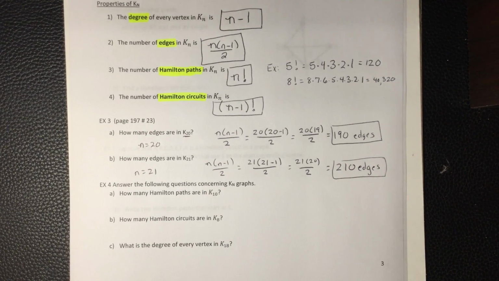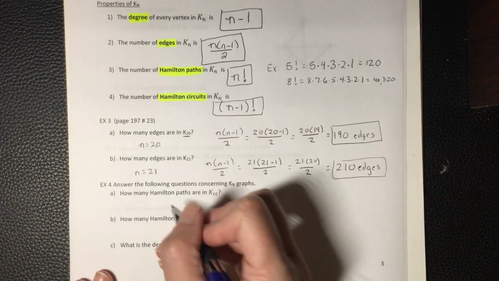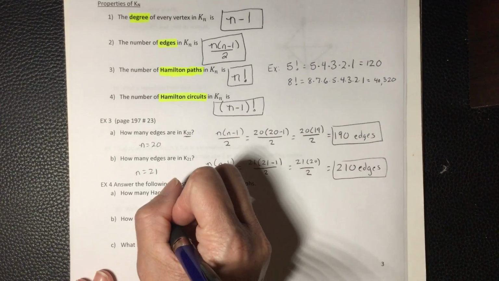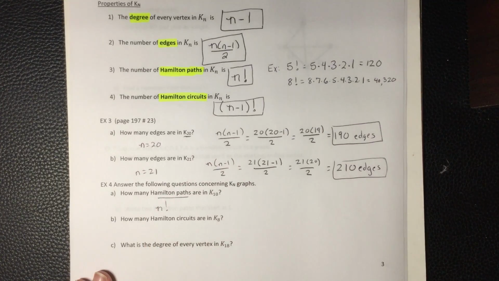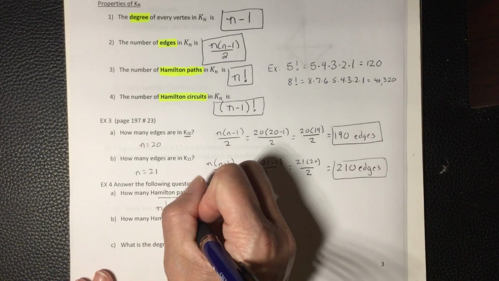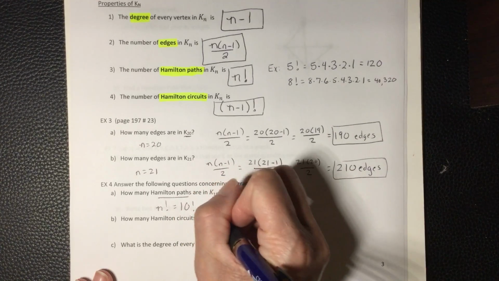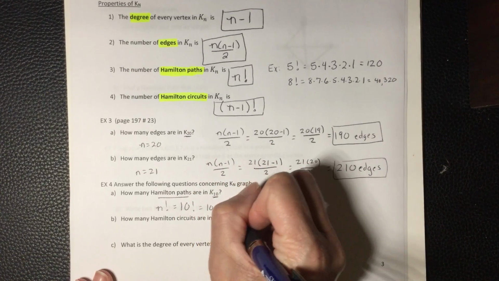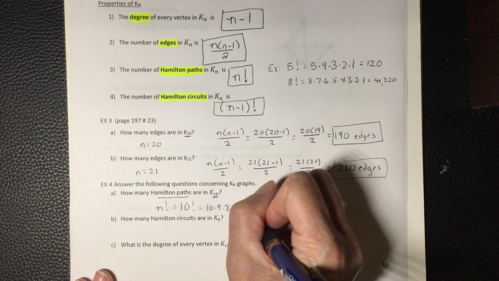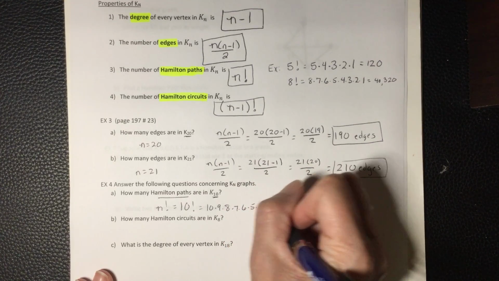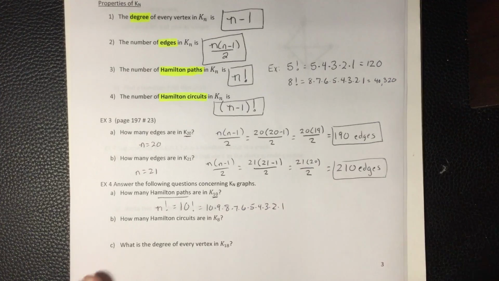We have how many Hamilton paths are in K10. So you have to get the right formula. Hamilton paths is n factorial. So that would be 10, since we're doing K10. 10 factorial is 10 times 9 times 8 times 7 times 6 times 5 times 4 times 3 times 2 times 1.